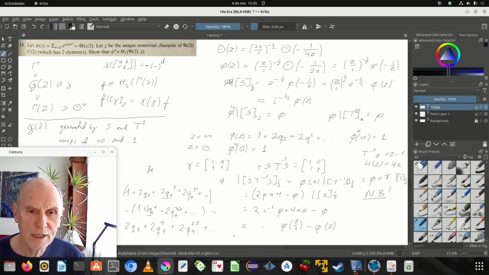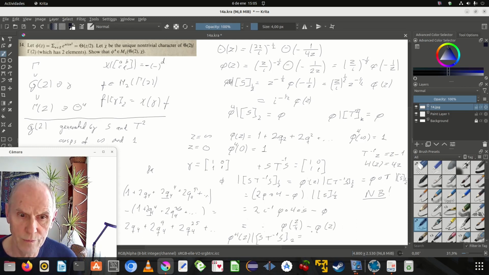But when we take it to the 4th, then we can take q^4 out, so it's q, and then 1 plus q^8 plus q^24, the triangular numbers, all to the 4th power.